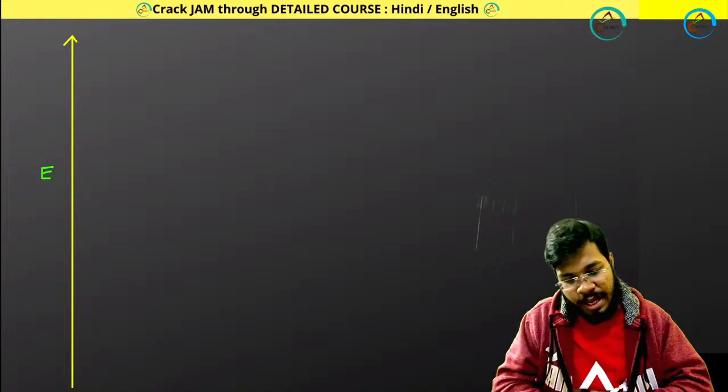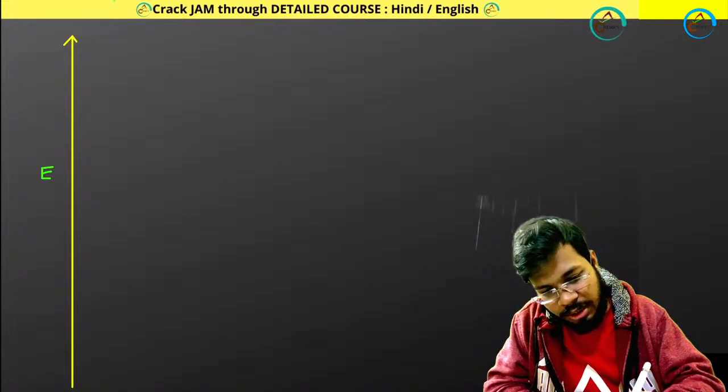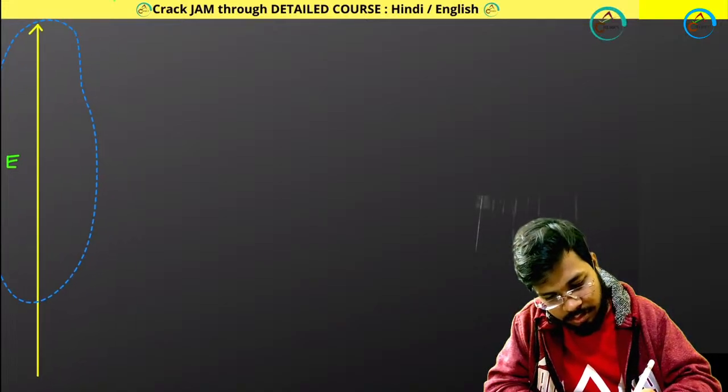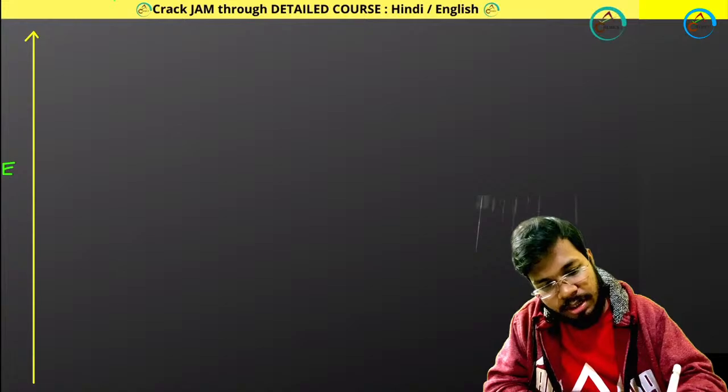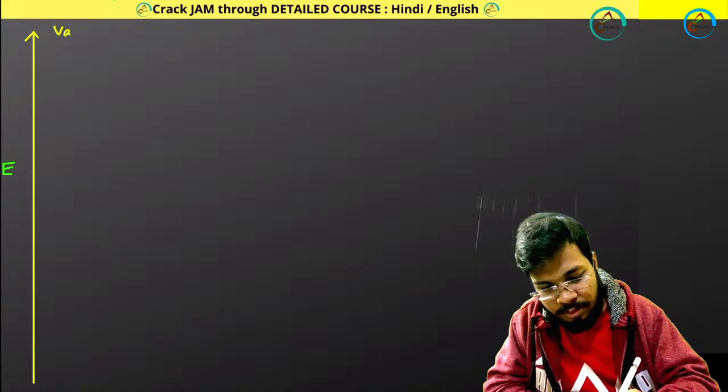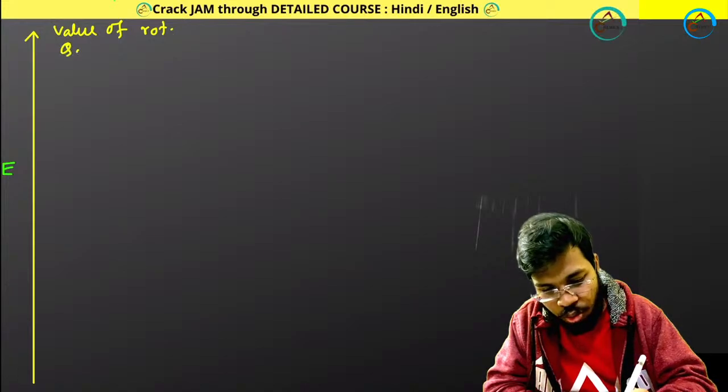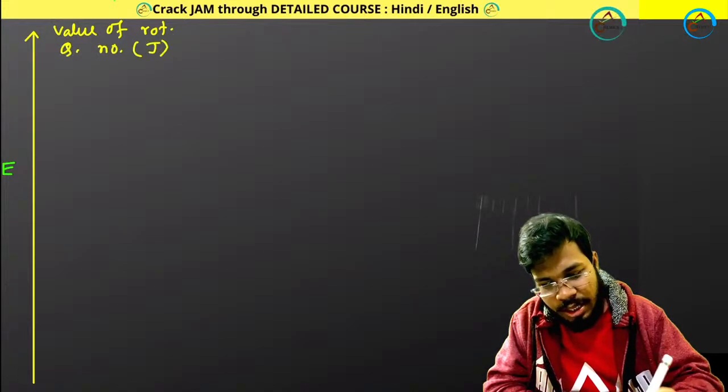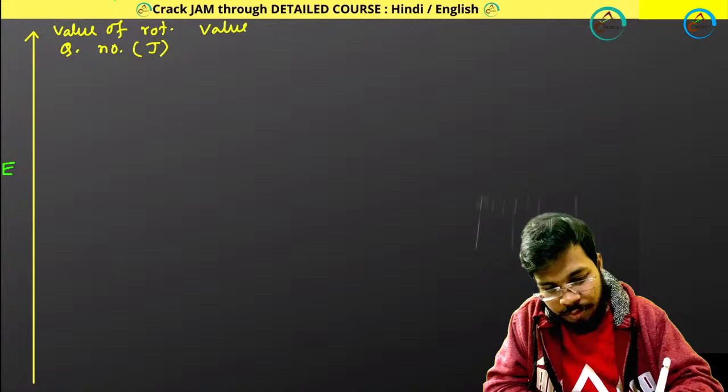Now let me show you the energy profile diagram for this. This is my energy profile diagram. Here I am putting the rotational quantum number, that means the J value. Here I am putting the value of nu bar, in centimeter inverse.